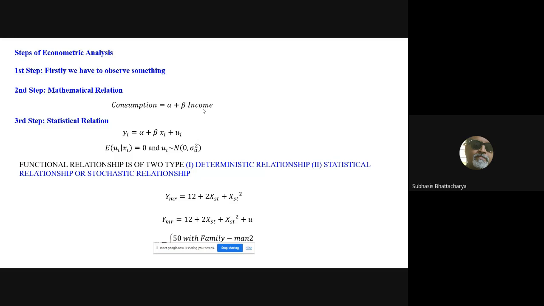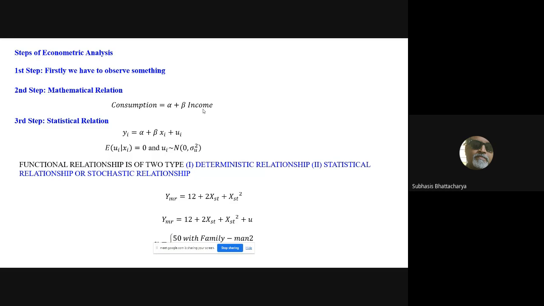What do we know? We know the mean value of such an error or unobserved factor is 0, and this error is distributed normally with 0 mean and a constant variance, sigma u square. What is the meaning of 0 mean?